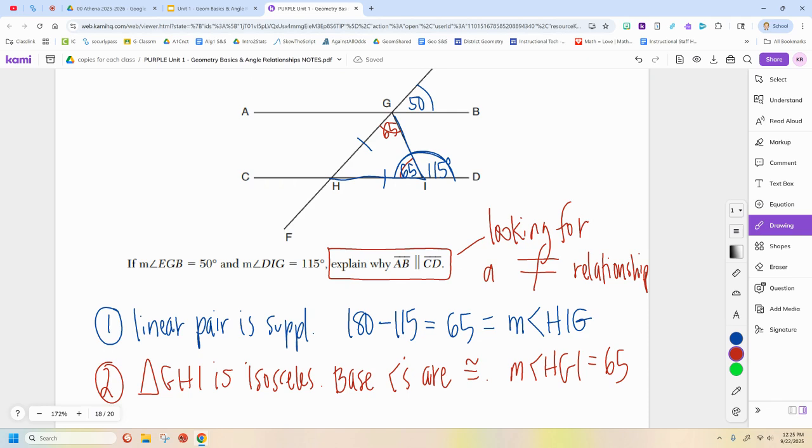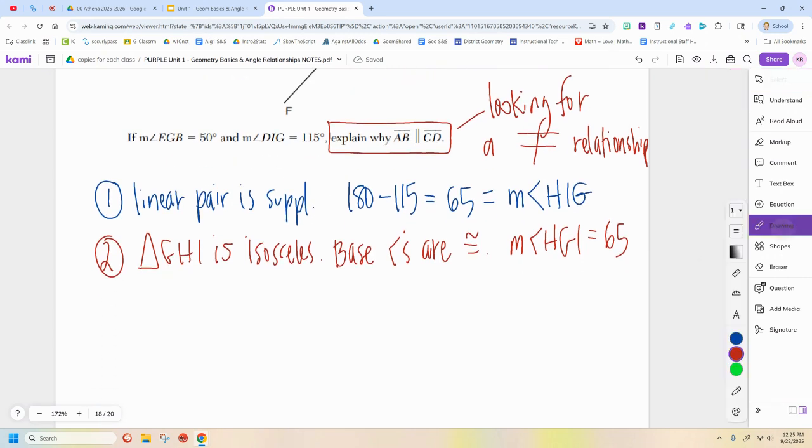All right, Jason, do you know what we're going to do next? Are we adding the 65 and 65 and then subtracting that from 180? And why? What shape are we in? A triangle. How many degrees? 180. There you go. That's all you have to say. So triangle sum equals 180.